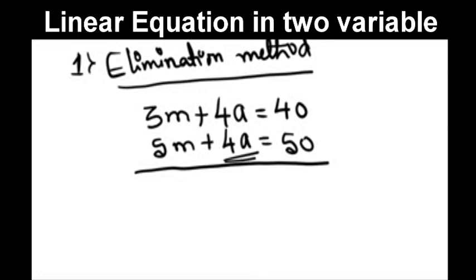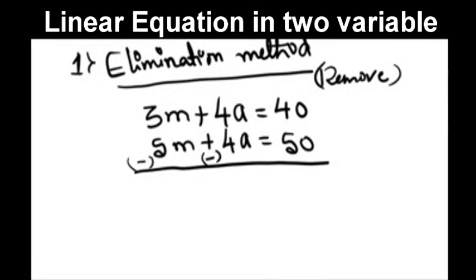So how to remove it? It is very easy. If I add, I will get 8, but if I subtract, I will get 0. So I will subtract. But when you subtract the second equation, you cannot subtract only the a value. We have to subtract the entire terms.